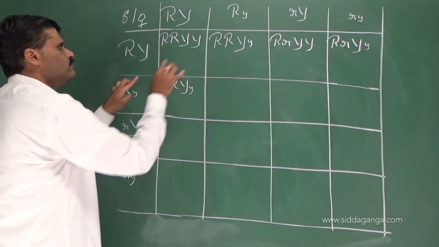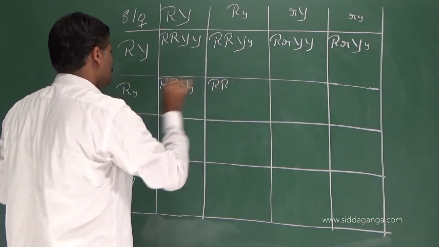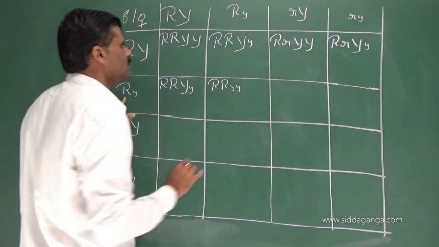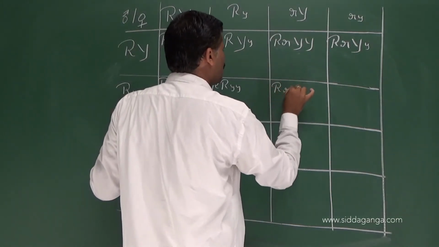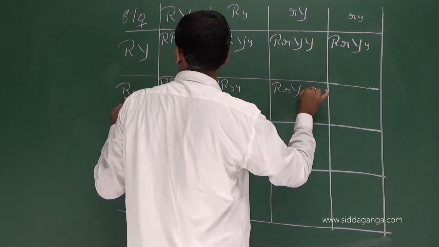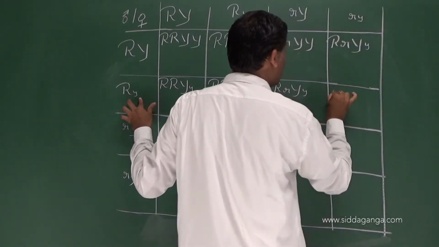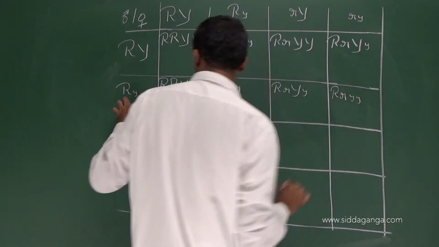And this gamete fuses with this gamete: capital R, small y, small y. This gamete fuses with this gamete: capital R, capital Y, small y. Then this gamete fuses with this gamete: capital R, small y, small y.